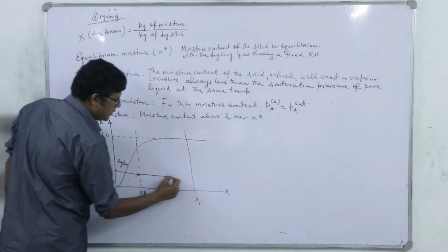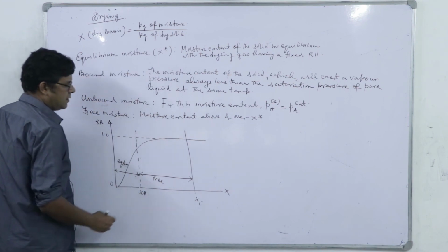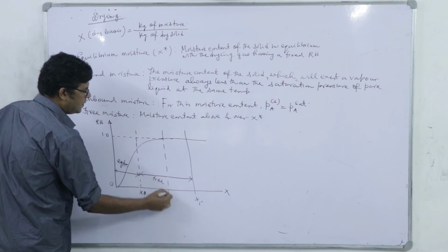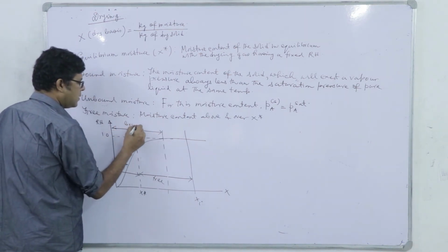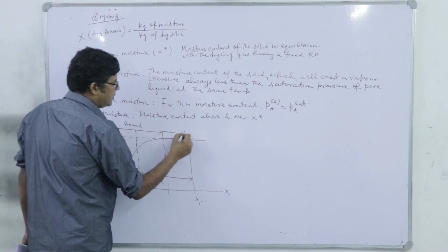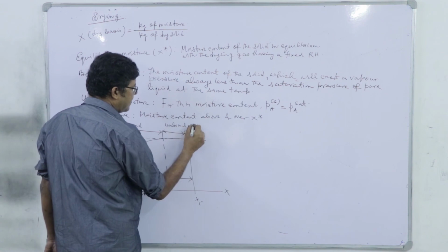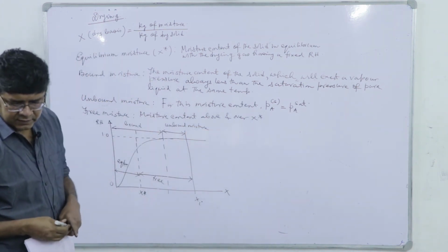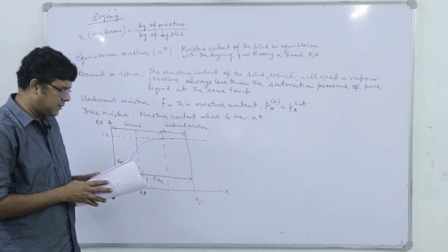That means this is the free moisture content. Up to this it is bound moisture, and this much is unbound moisture. So, that is the basic introduction to drying regarding its equilibrium plot, properties and different drying mechanisms.